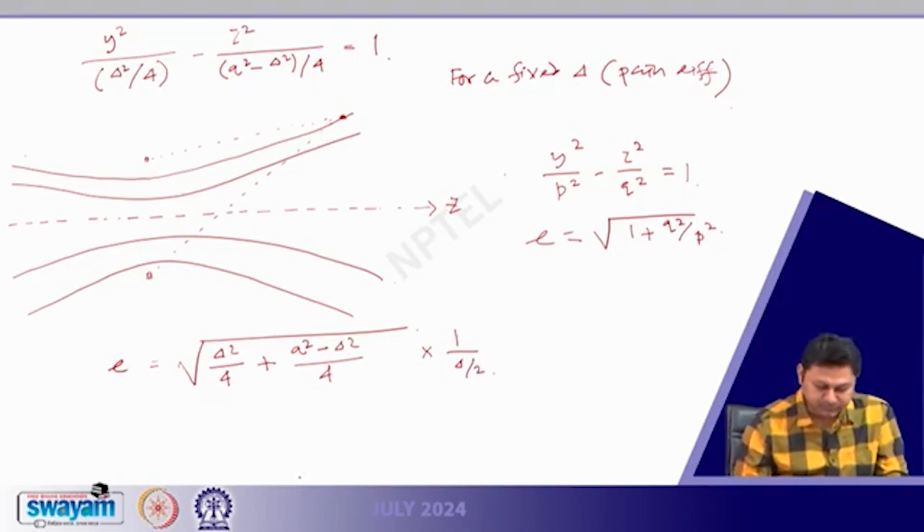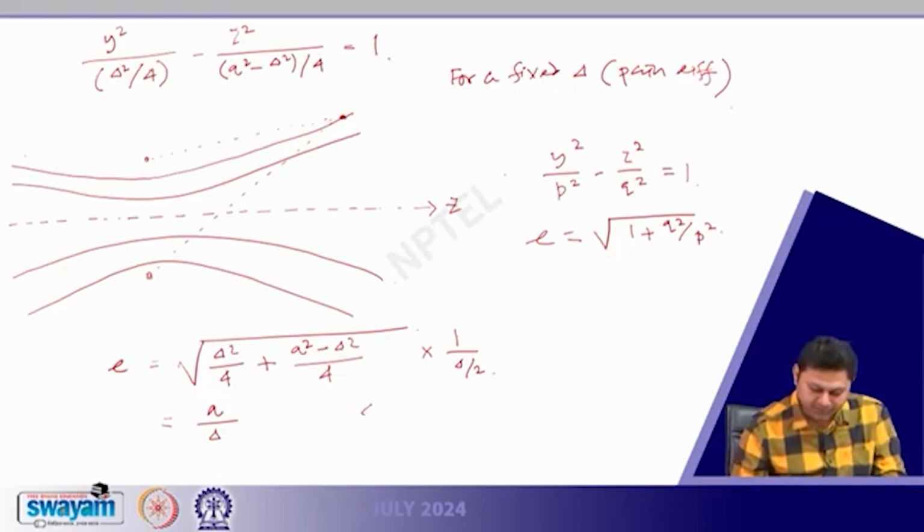So, that means it is 4 delta square. So, I can simplify it further. It is simply a divided by delta.